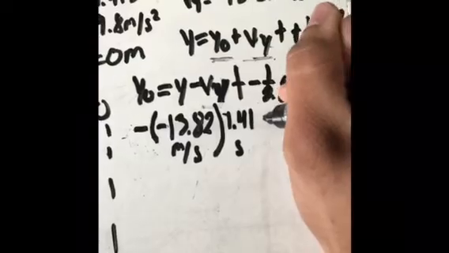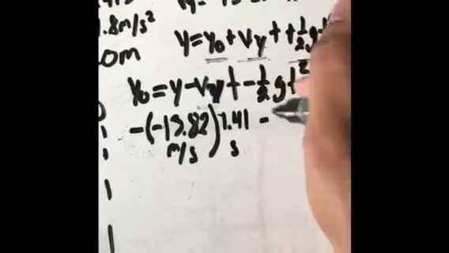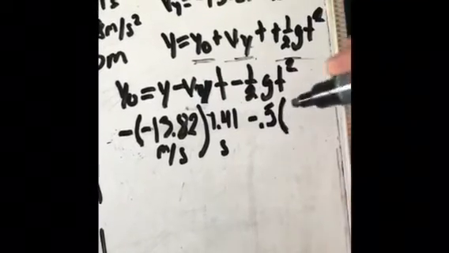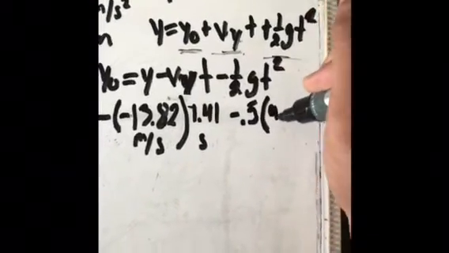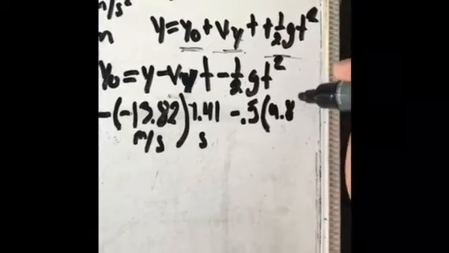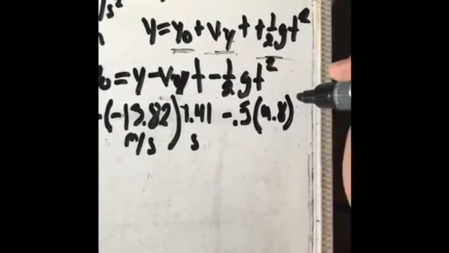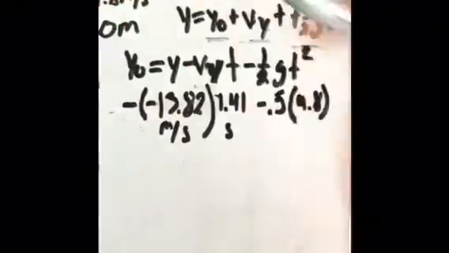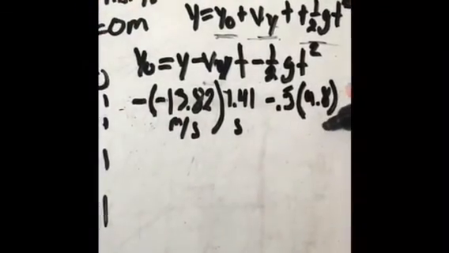Then we have minus 0.5 times 9.8 times 1.41 squared.